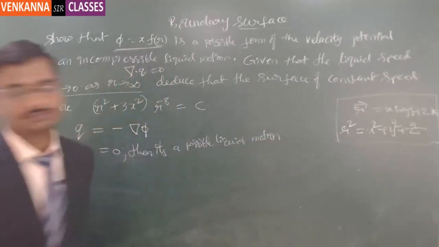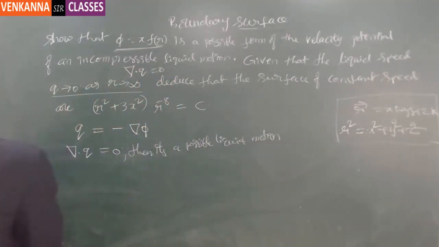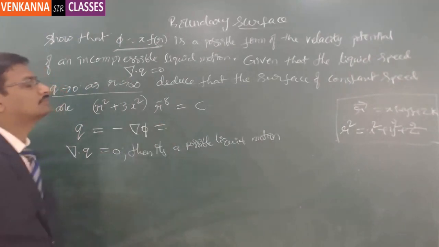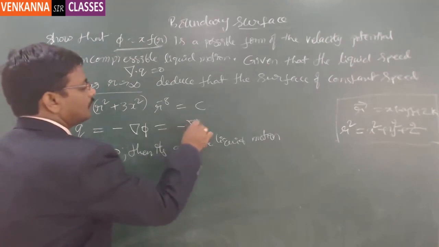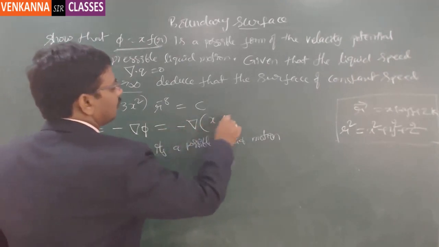Got it? Understood or not? So first you find out what is minus del phi. So minus del of x into f of r.